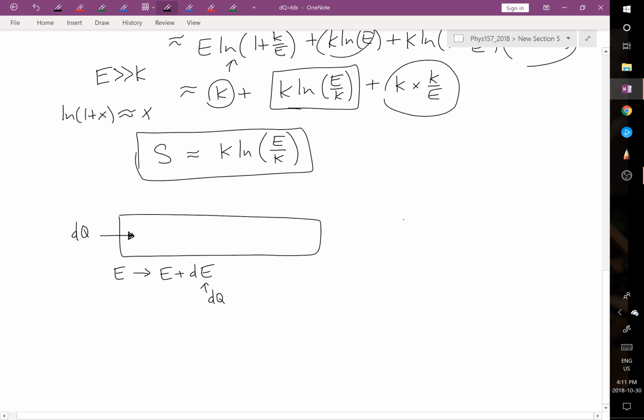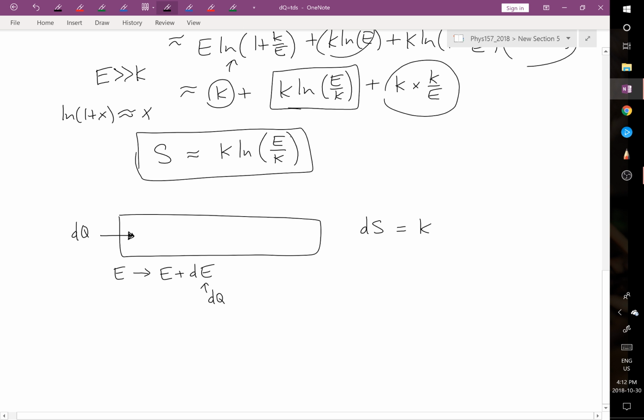Okay, so how does the entropy change? Well, now we can just use a bit of calculus. So now it's just like taking the derivative or the differential here. So the change in entropy is going to be equal to K, which stays fixed, the number of molecules staying fixed. And then the log E, how does log E change?